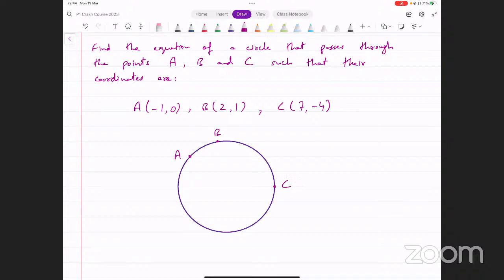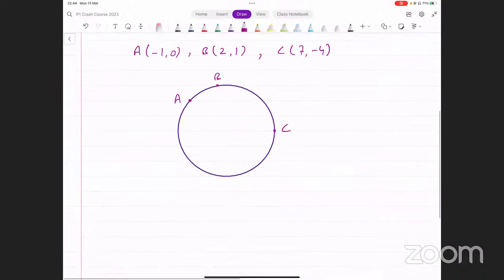Okay. So I've just marked these 3 points. Now it doesn't matter where exactly you mark these, as long as you just mark them somewhere on the circle. Okay, on the circumference of the circle. So you have these 3 points. We need to find the equation of the circle.